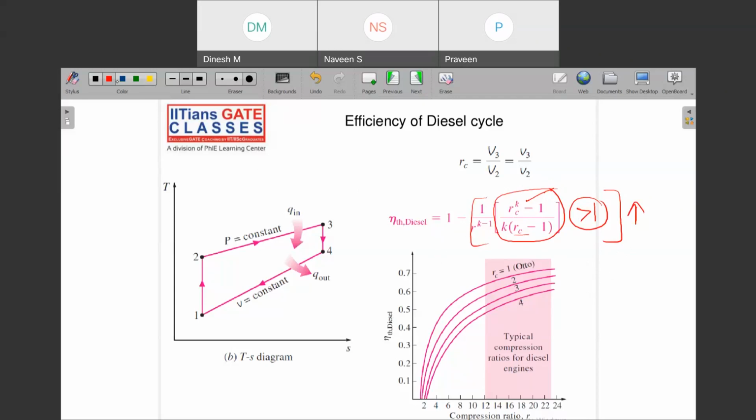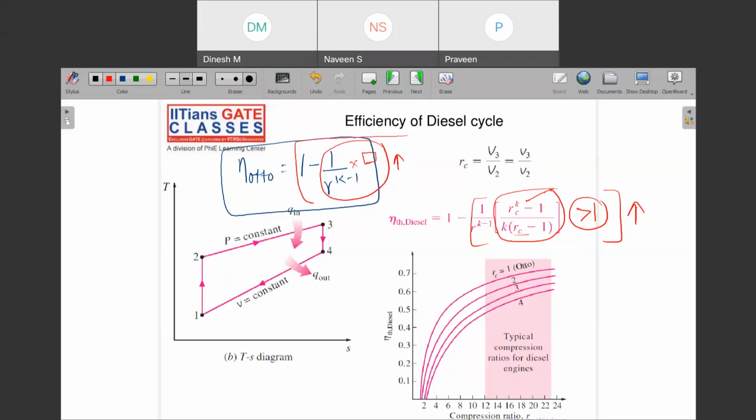Why? Because if I write down the Otto cycle, I have 1 minus 1 upon r to the power k minus 1, if I write it in this language. Now in the diesel cycle what you are doing is multiplying this with some higher value. If you are multiplying this with some higher value, then this value got increased, and if this value gets increased, then the overall value will get decreased.